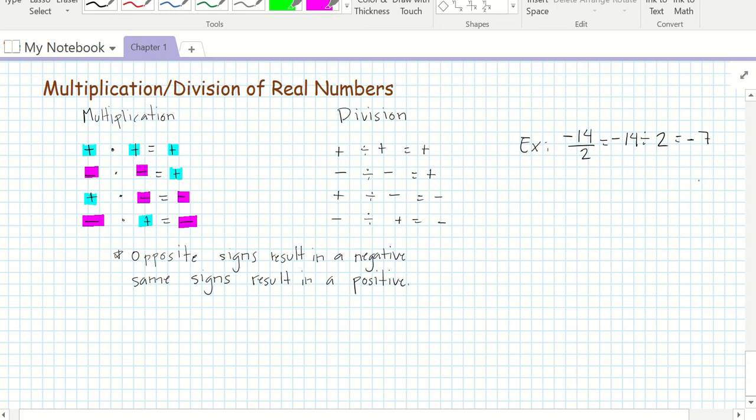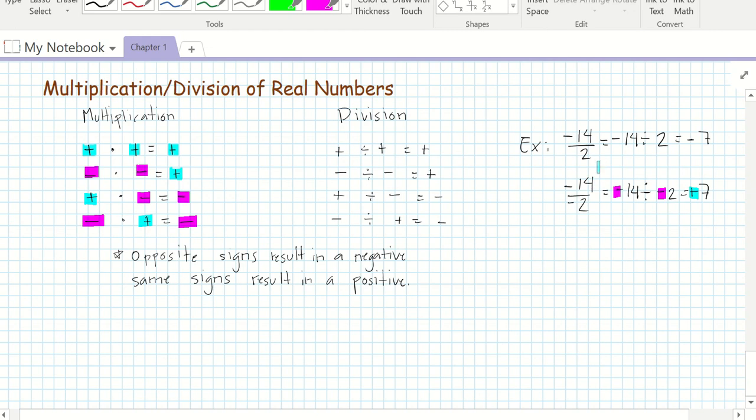Okay? Or we have negative 14 over negative 2. That's equal to negative 14 divided by negative 2, which is going to be a positive 7. Again, because both values were negative, right? So if we have both negatives, the answer will be positive.